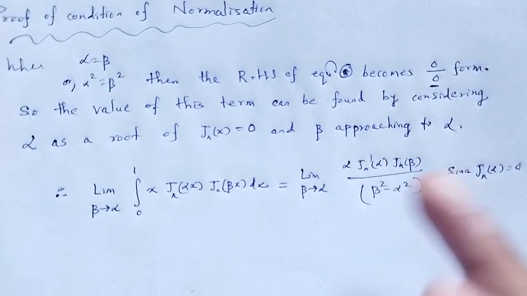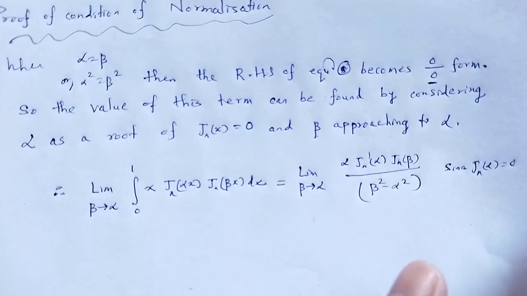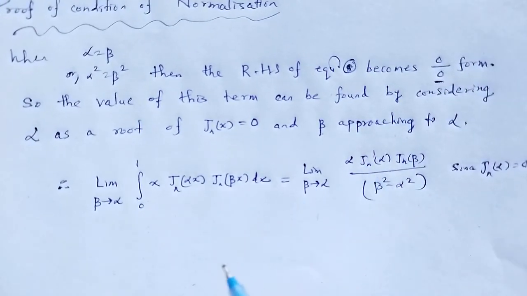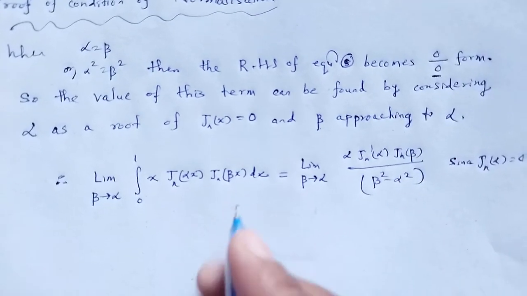Only that term exists as Jn of x is equal to 0. Now use L'Hospital rule in that equation.